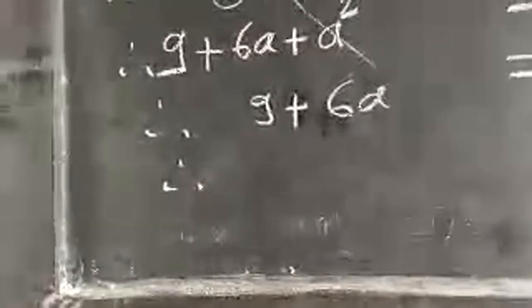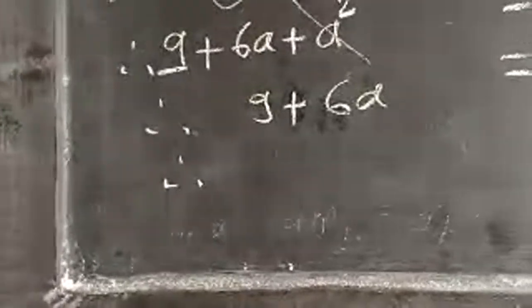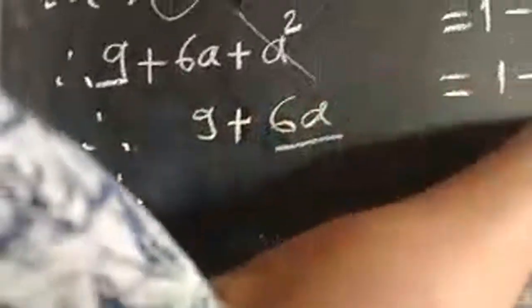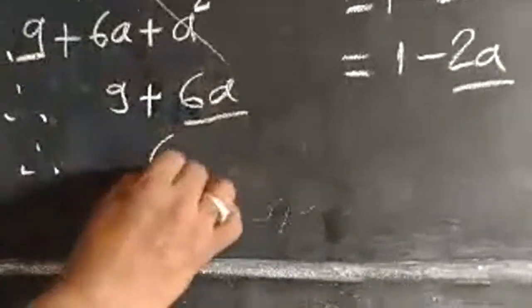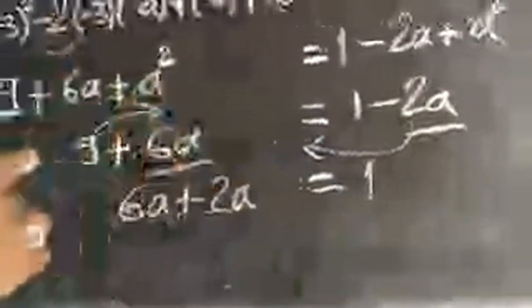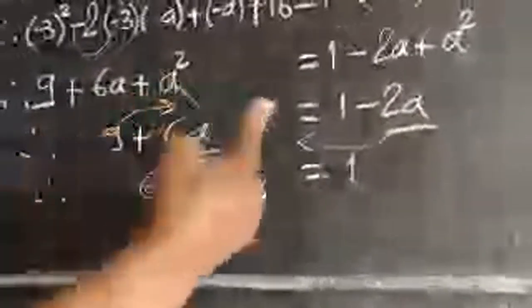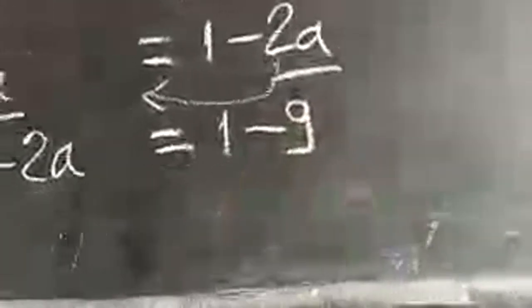Therefore, we write like terms together. A and A are like terms. Good. 6a is equal to... one number remaining, plus 9 taking to the RHS side becomes minus 9.